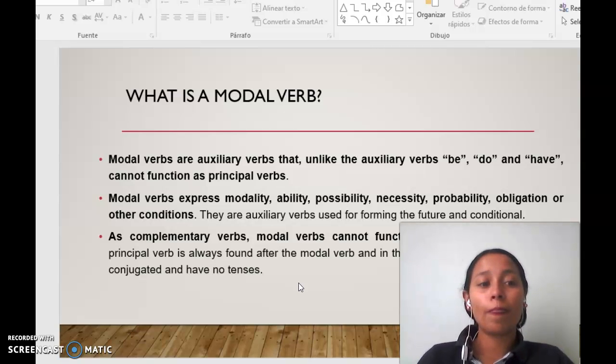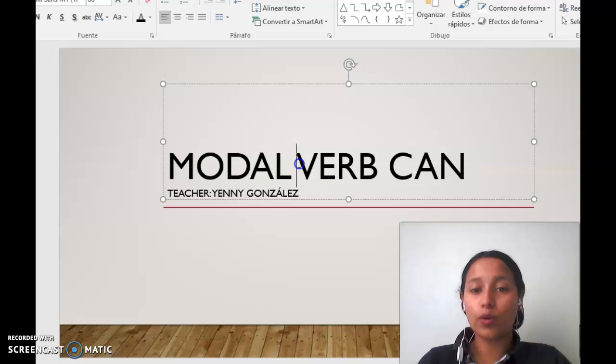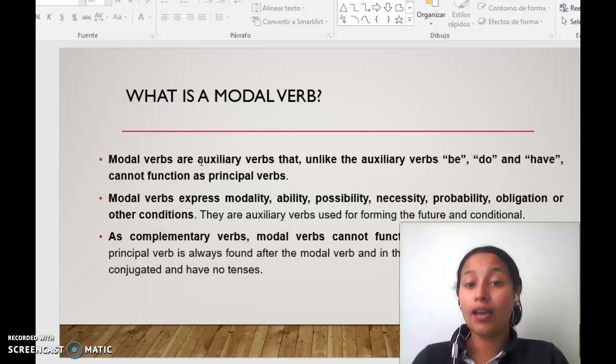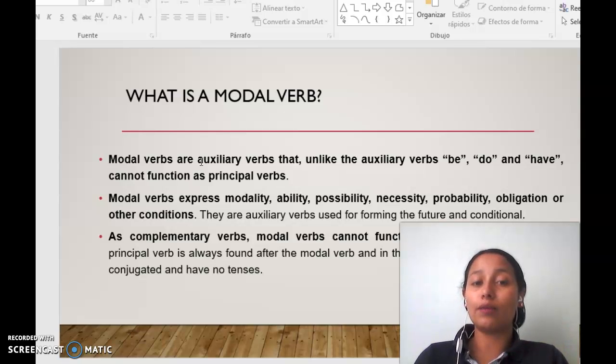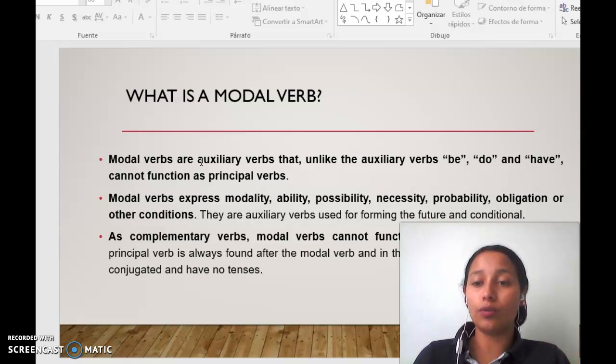En español. En el día de hoy vamos a ver lo que es el verbo modal can, como ustedes lo ven acá. Y para empezar vamos a aclarar qué es un verbo modal. Verbos modales hay muchos, pero en este caso vamos a ver solamente el can. Entonces, los verbos modales son verbos que nos ayudan a complementar las oraciones que queremos crear en inglés. Son verbos auxiliares que complementan a un verbo principal en una oración.